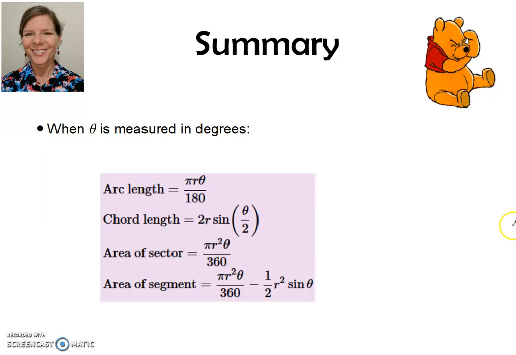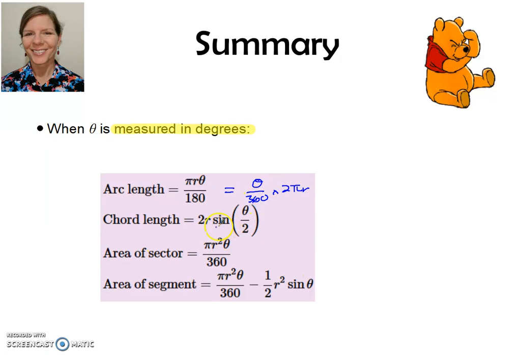So in summary, when theta is measured in degrees, just highlight that, these are the formulas that you need to remember. Arc length: they've simplified it here, theta on 180 times pi r. I tend to remember it as theta on 360 times 2 pi r, but whatever works for you.